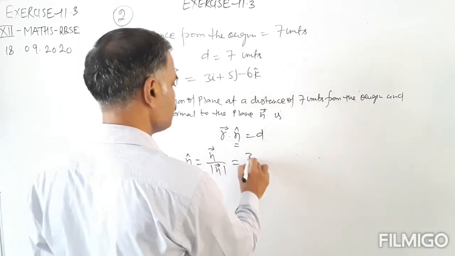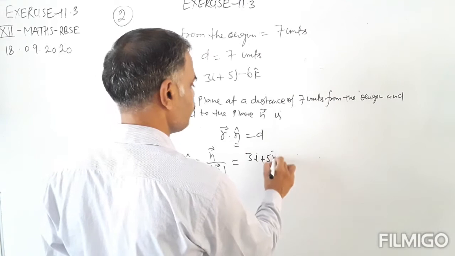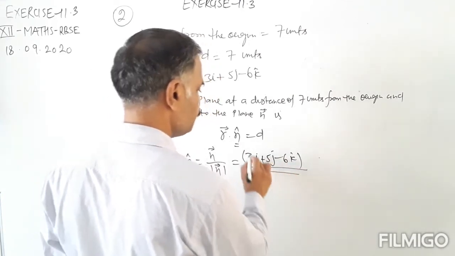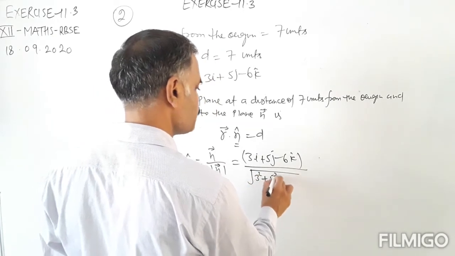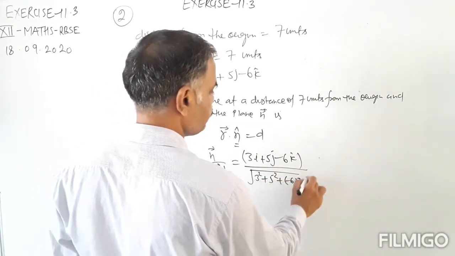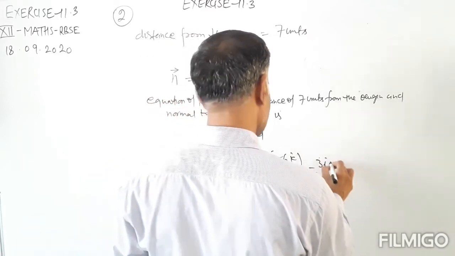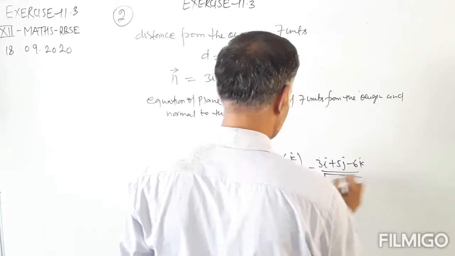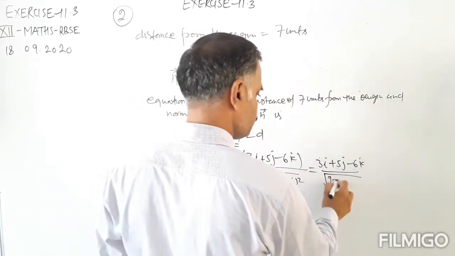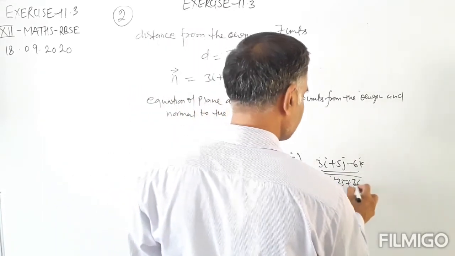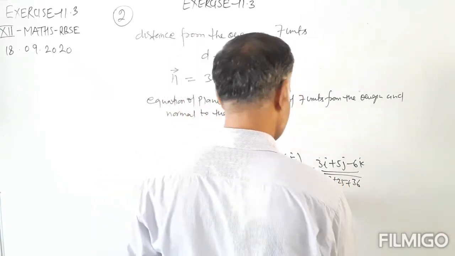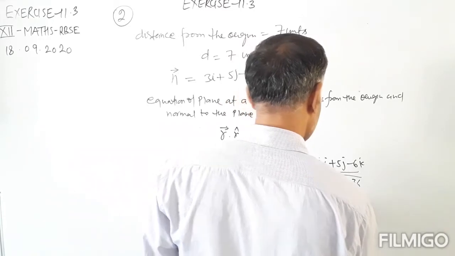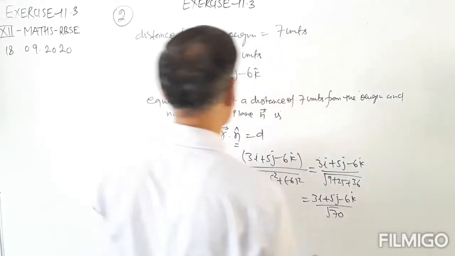So n vector is 3i cap plus 5j cap minus 6k cap and divided by its magnitude, that is under root 3 square plus 5 square plus minus 6 square. So this is equals to 3i cap plus 5j cap minus 6k cap divided by under root 9 plus 25 plus 36, that is 70. So n cap is 3i cap plus 5j cap minus 6k cap divided by under root 70.